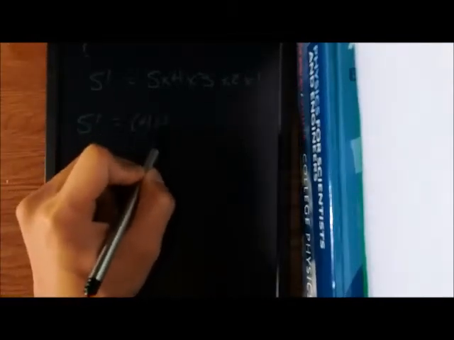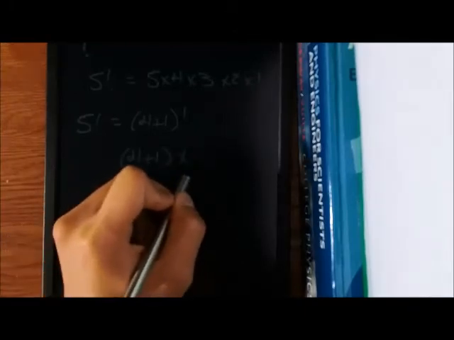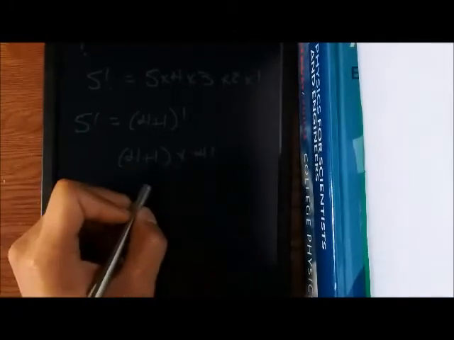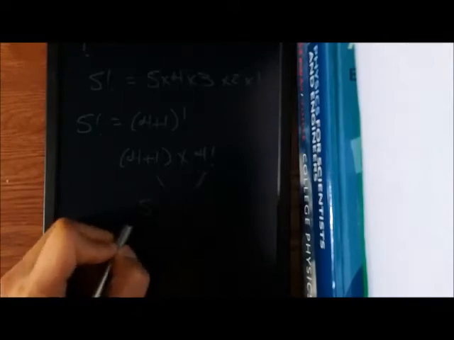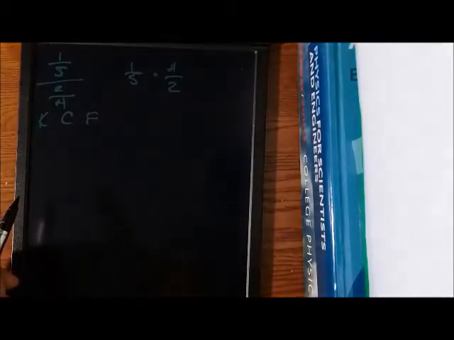But it can be rewritten as 4 plus 1 factorial. 4 plus 1 factorial can be rewritten as 4 plus 1 times 4 factorial, because this, in essence, creates 5 times 4 factorial.